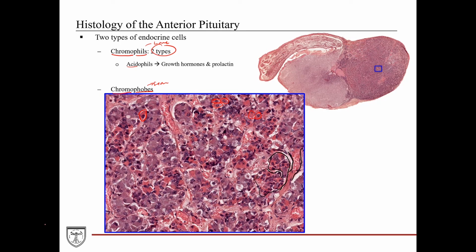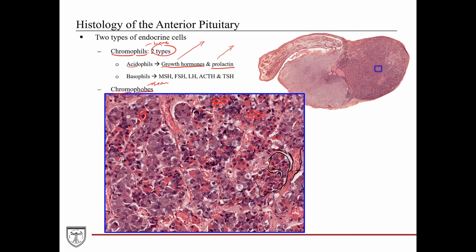The acidophils throughout the anterior pituitary produce 2 specific hormones, the growth hormone or the GH and prolactin. The growth hormone, of course, is responsible for cellular growth and regulating or increasing our metabolism, whereas prolactin is involved in mammary glandular development and milk production.